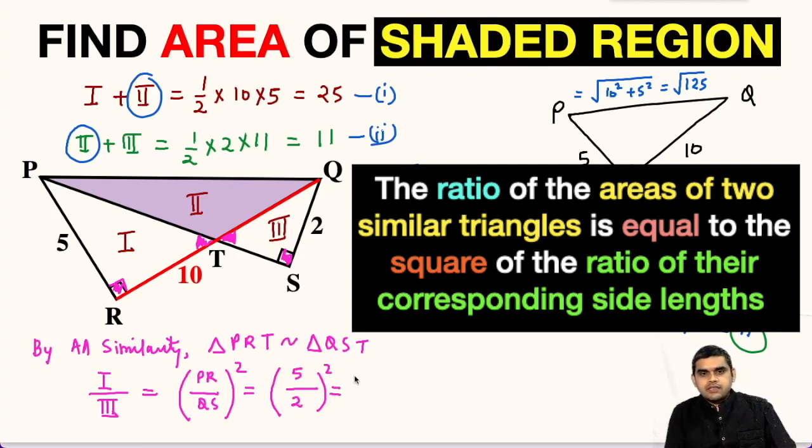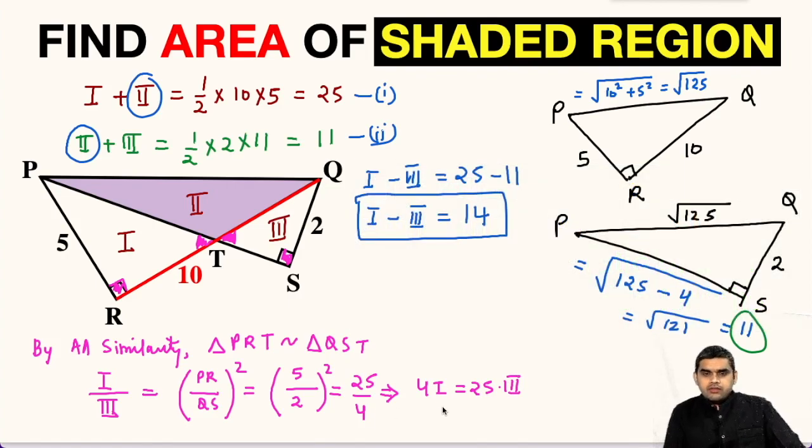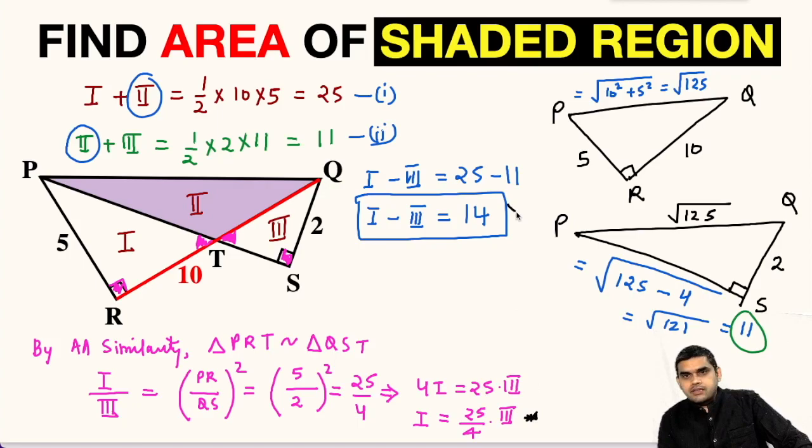This will be equal to 25 upon 4. So from here we will get 4 times first area is equal to 25 times the third area. Or we can say that the area of first triangle is equal to 25 divided by 4 times the area of third triangle. Now we can substitute this value in this equation.